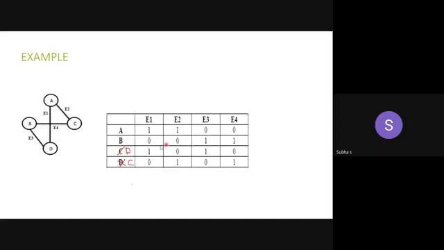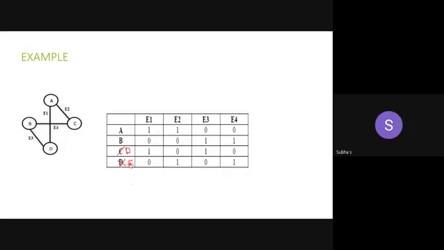Yes. Now we move on to vertex B. What are the edges incident on this vertex? E3 and E4. This E4 is connecting B and C. You can draw it in your notebook clearly. So E3 and E4, for those edges, make it as 1. For other edges, you have to put it as 0.